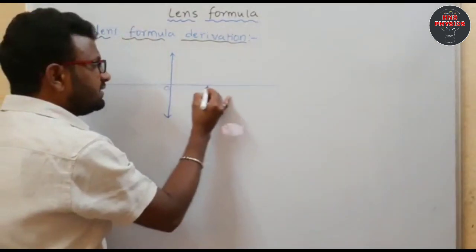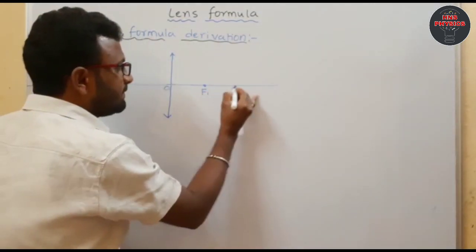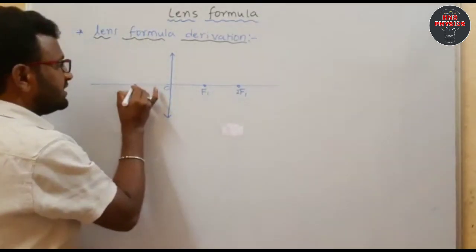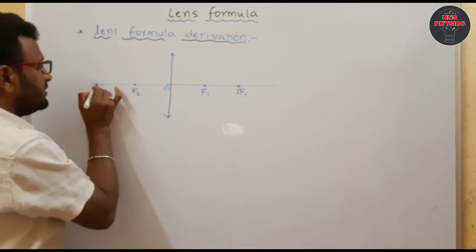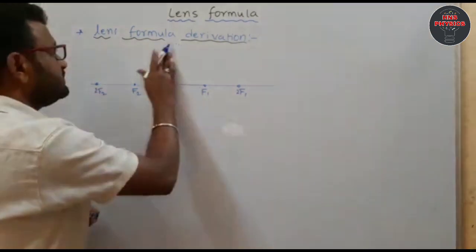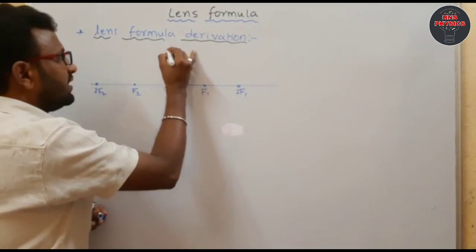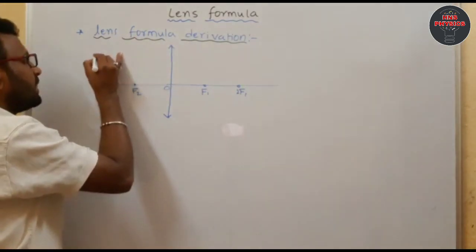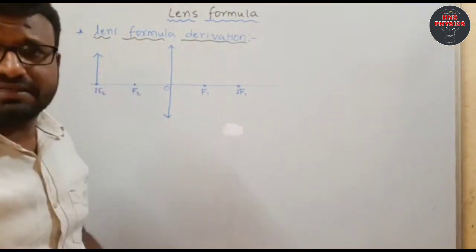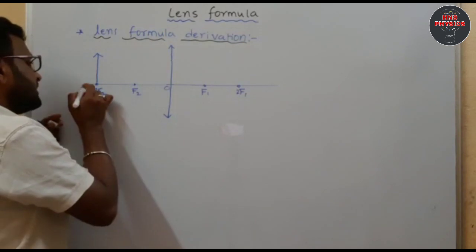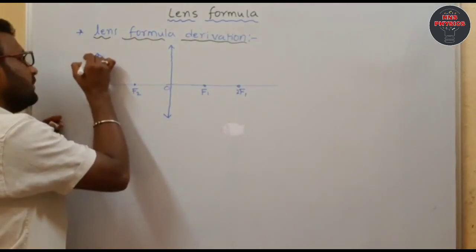This is the optic center, with F1 on one side and F2 on the other. Now when I take the object, that object is placed at 2F2 on the left side of the lens. The object name I am taking is AB.